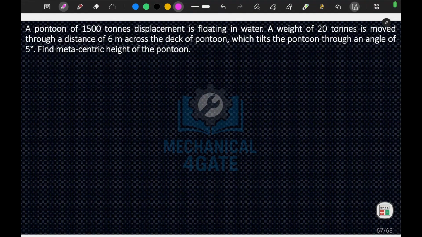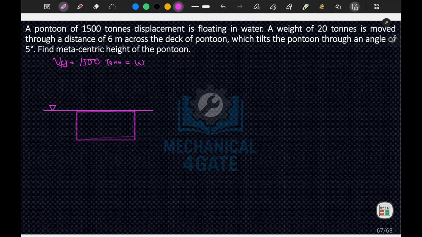So a pontoon of 1500 tons displacement. Our displacement, the volume of fluid displaced, is 1500 ton, and this will be equal to the weight of the pontoon. Let's say this is a free surface, and this is your pontoon.